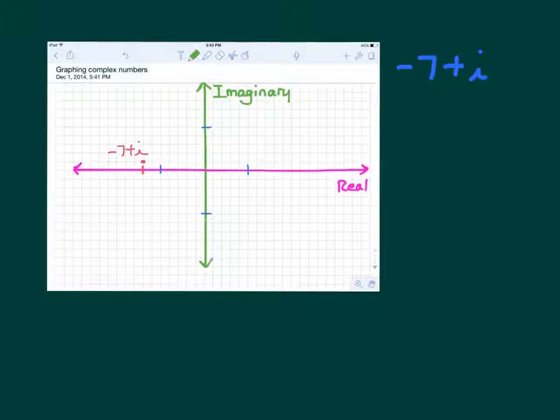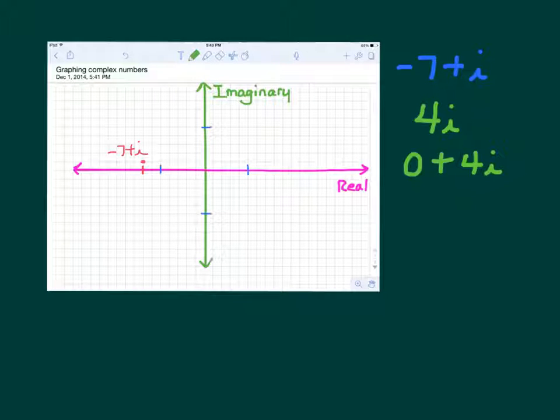Let's do one in another color. Let's just do an imaginary number. Think of it as if we had an imaginary number 4i, think of that as the 0 being the real part. 0 plus 4i would be the same thing.